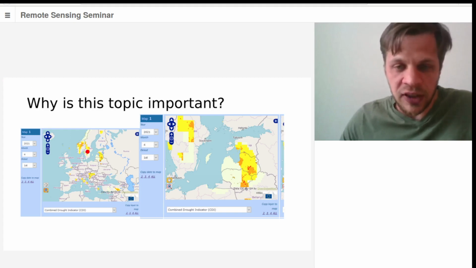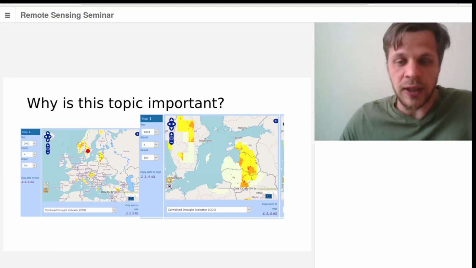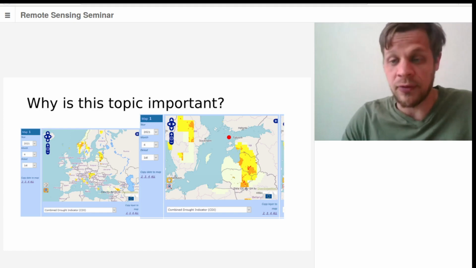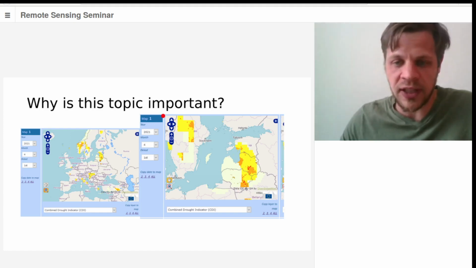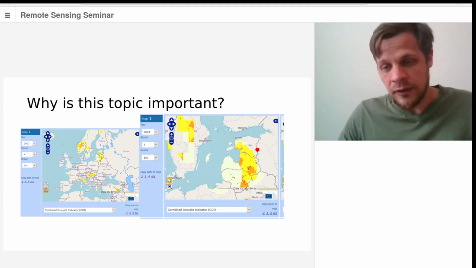When you see these brown, yellow areas shown on the map on the right side, I zoomed in a little bit on the Baltic states, where all this yellow area is area where we currently have, in the first 10-day period of April 2021, a very severe rainfall deficit.